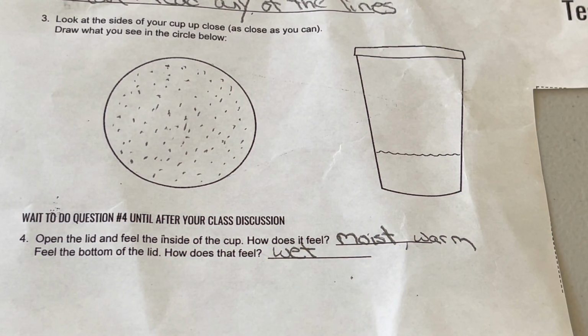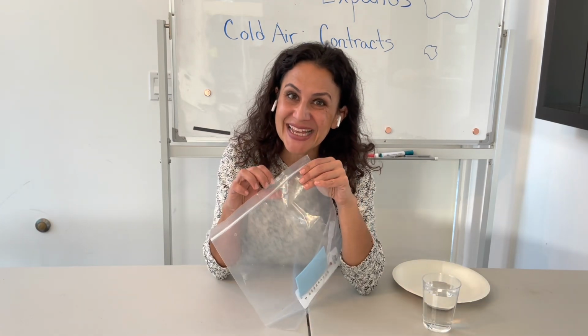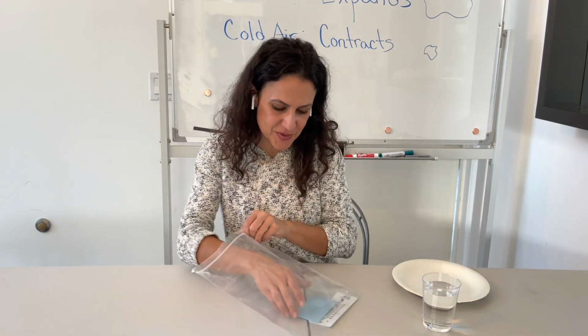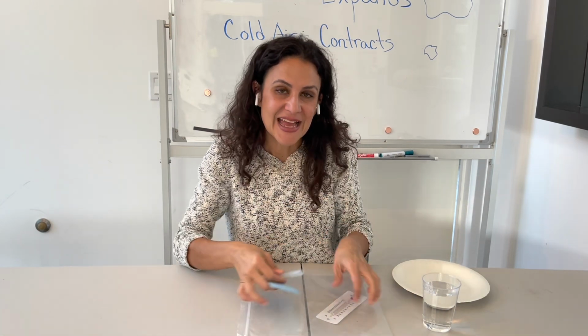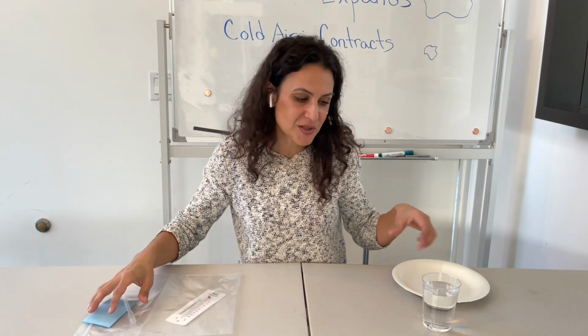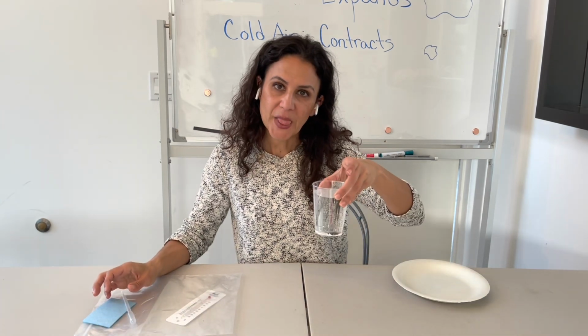For the second part of this lab, you're gonna have to go into your enrichment bag again. And this time you will need the sponge, a pipette, and from your home, you'll need to provide a cup of water, paper plate, and some napkins.